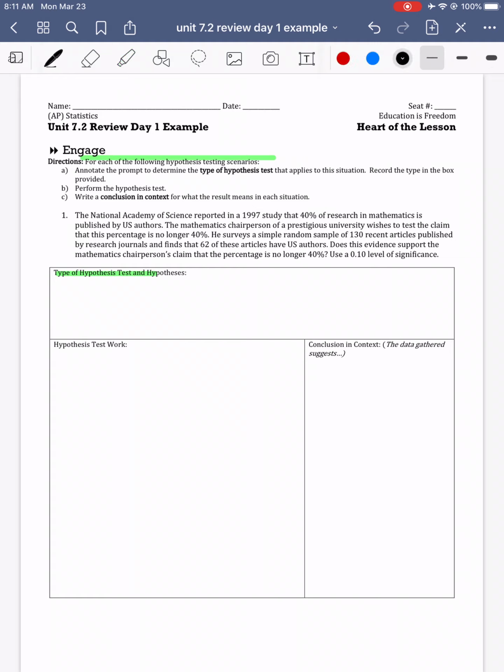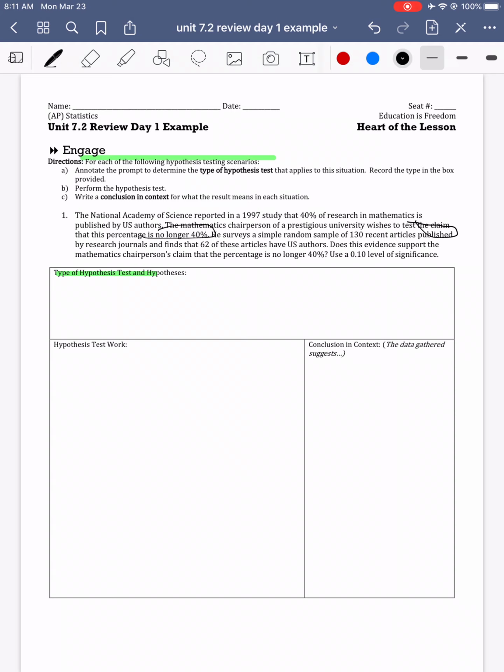So let's begin with this problem here to figure out what type of hypothesis test we are doing. First we have the National Academy of Science reported in a 1997 study that 40% of research mathematics is published by U.S. authors. The mathematics chairperson of a prestigious university wishes to test the claim that this percentage is no longer 40.